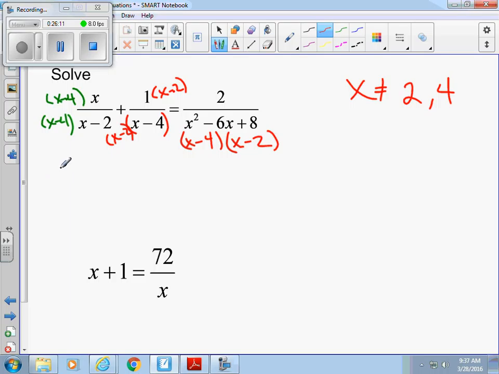All right, first fraction, x squared minus 4x. Second fraction, x minus 2. That's a minus, by the way.